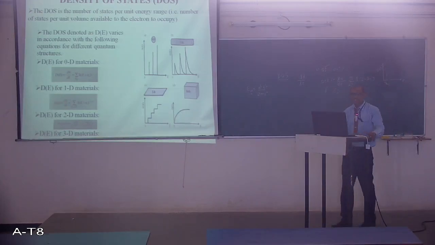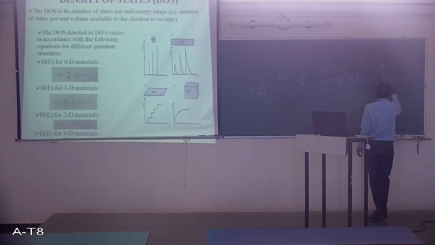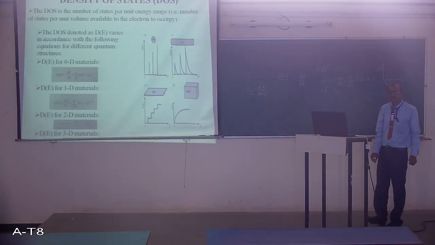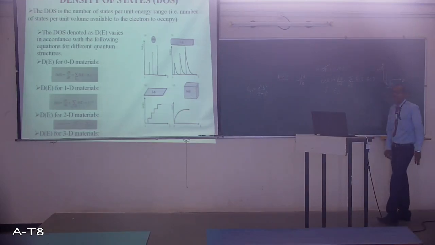Between 0 and 1, there are no available states. At the minimum quantum number, it has definite levels, and available states are present in the quantum dot. As you increase to the next quantum number n is equal to 2, that is the first excitation level, between the first and second quantum numbers there is no availability of states.